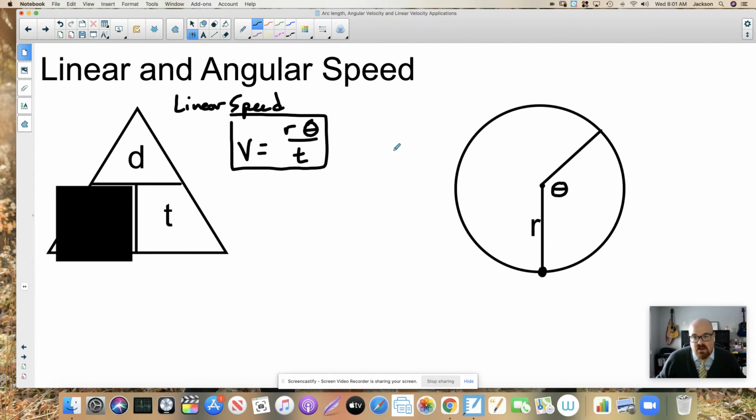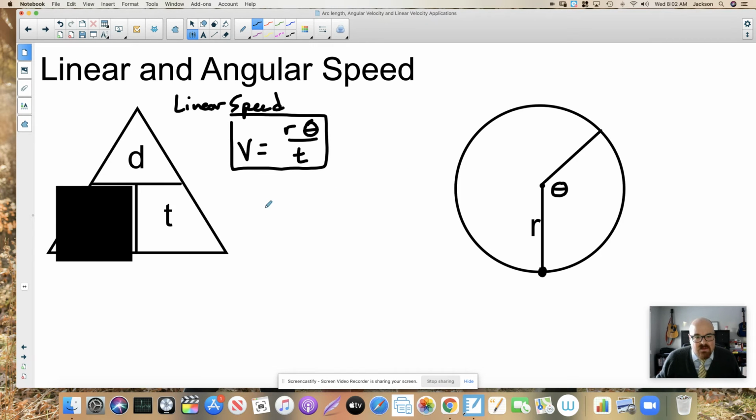But one thing that physicists look at, and mathematicians as well, is the rotational speed of the object. How fast is the object turning, right? How fast something is moving along the outside of that object, that's linear speed. How quickly something is rotating or turning, that's angular speed.